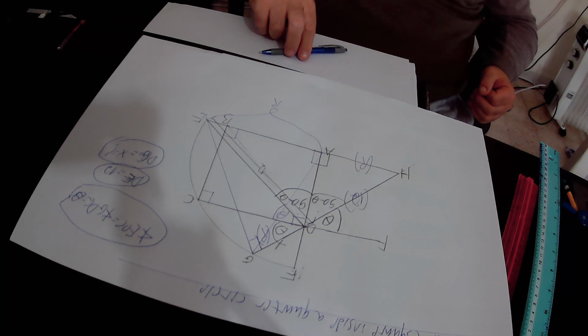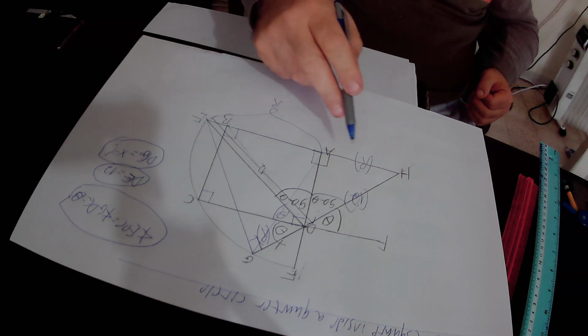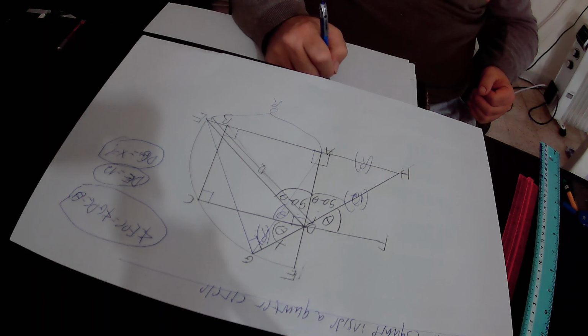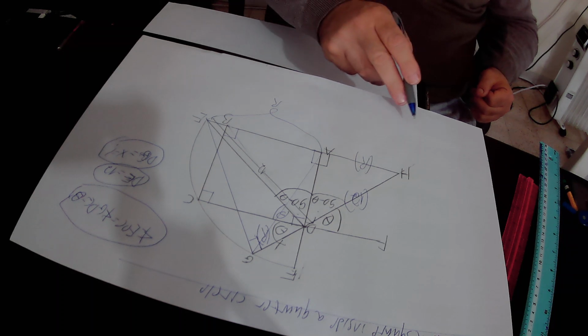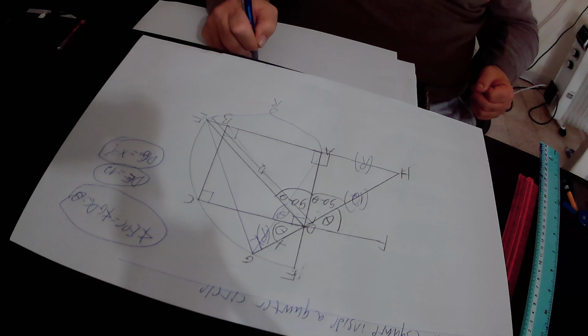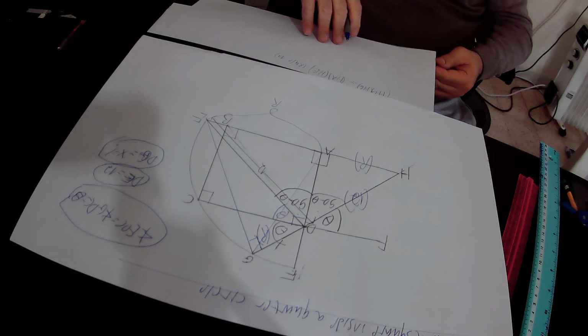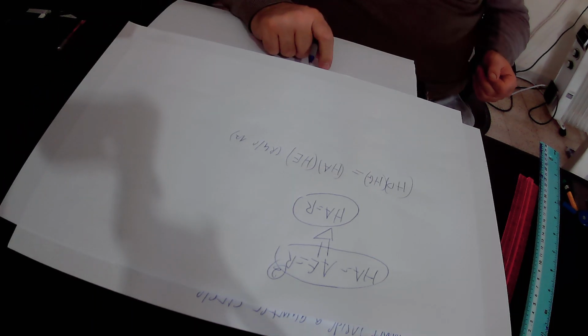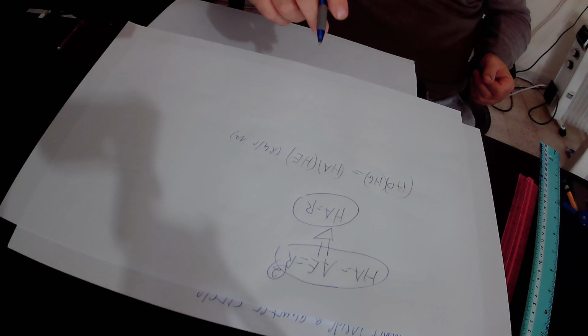According to rule 12, HD times HG equals edge A times edge E. And again, according to rule 12, edge D times edge G equals edge A times edge E.